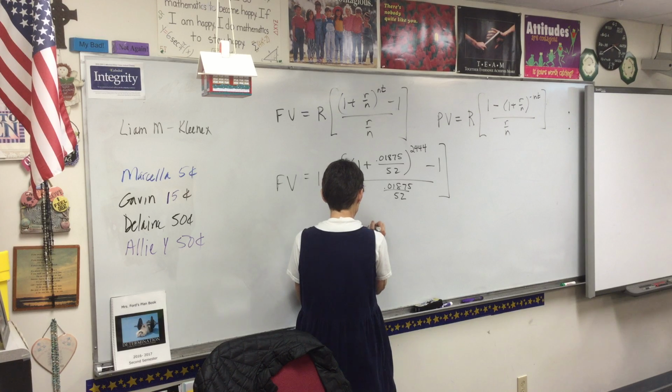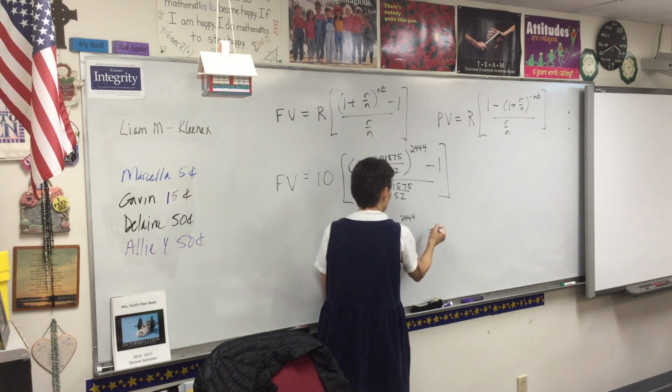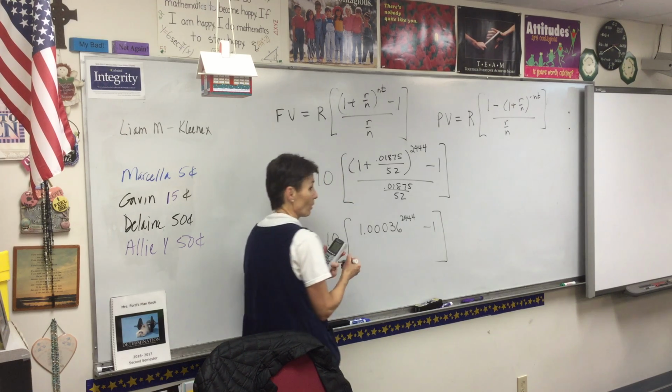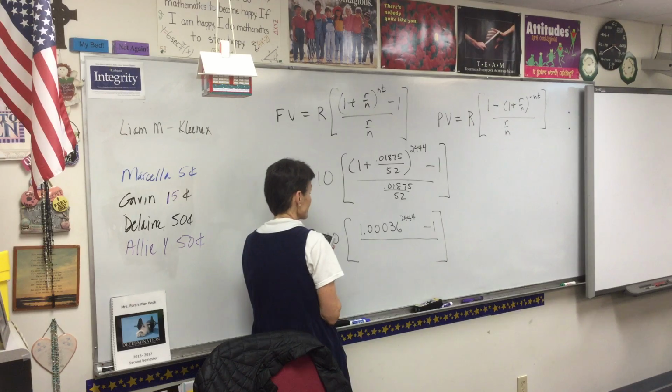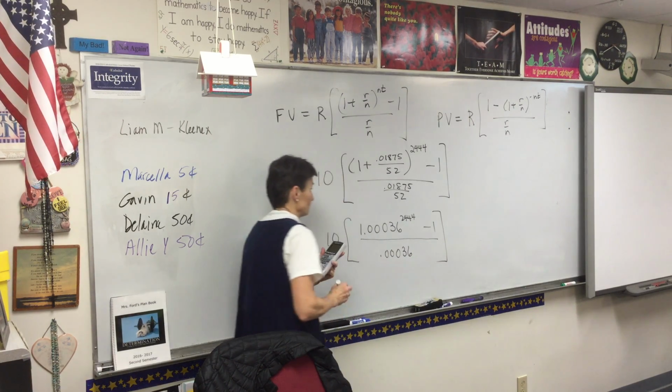So this is 1.00036 to the 2444. And you're free to keep as many decimal places as you want. The more, the merrier. And that's going to be divided by 0.00036.